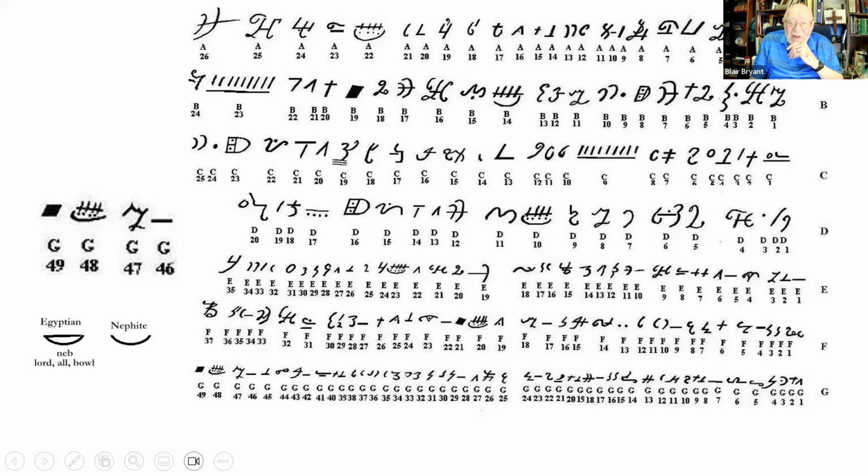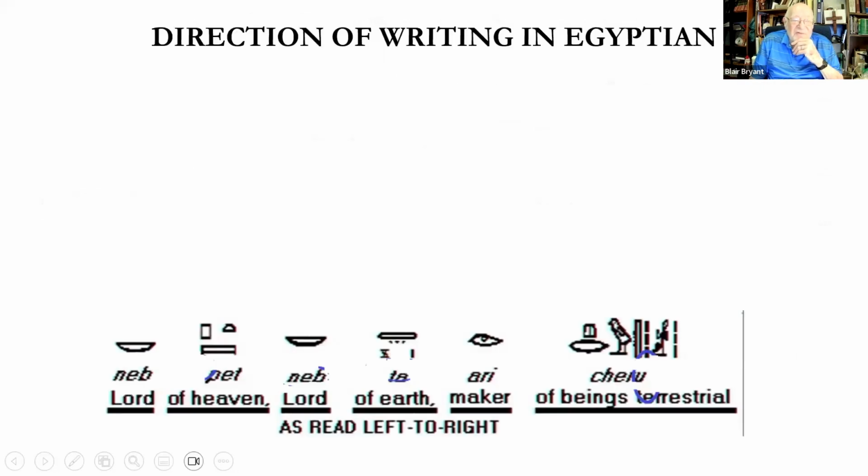So I began to search through the book, and I finally found in the reference this phrase, and this isn't the way it was in the book, but this is the sequence. It was written in the book: Lord of heaven, Lord of earth, maker of beings terrestrial.